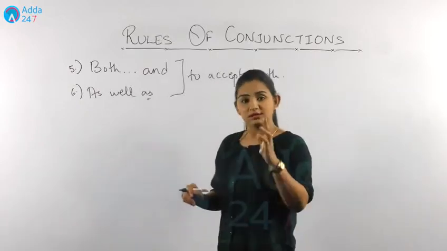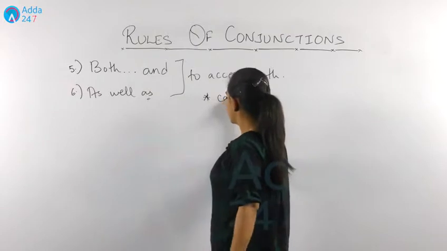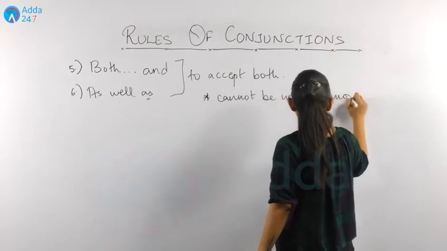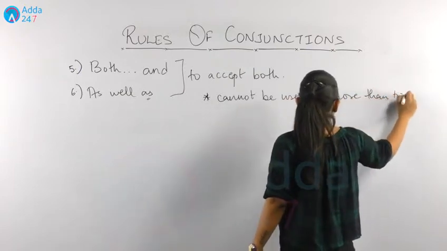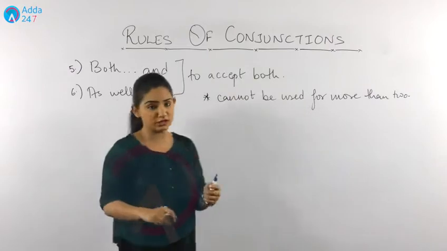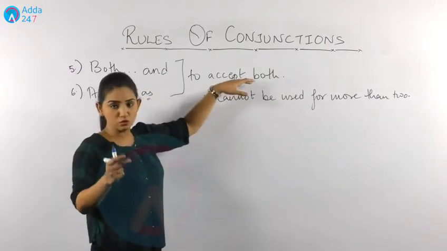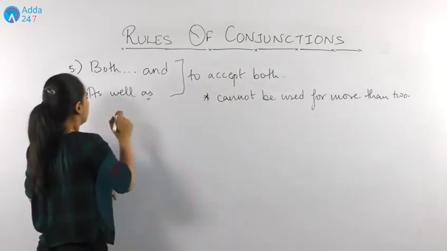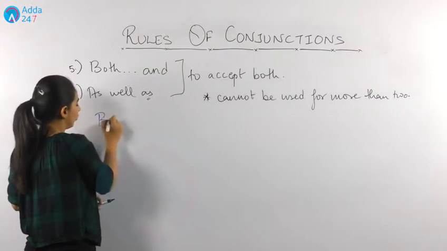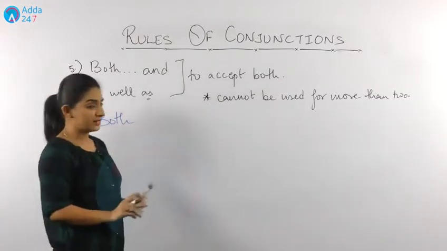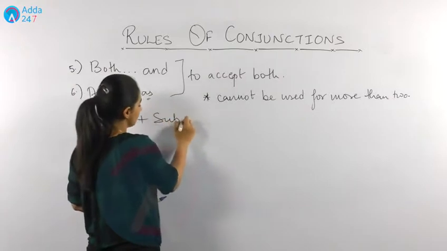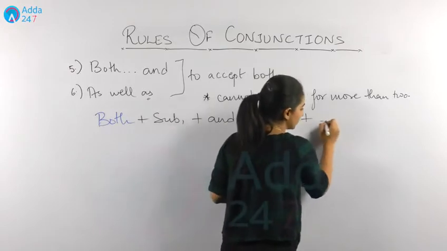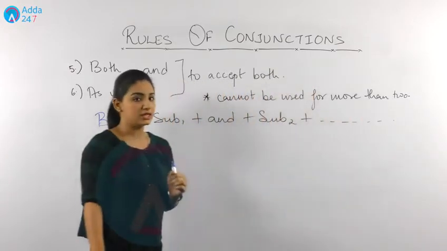When we have two, same thing follows with this as well. It cannot be used for more than two. So when we talk about two, it will be accepted both parts, right? Now, if I say both will be used in a sentence, the sentence structure will be both plus subject 1 plus and plus subject 2, and if there is a sentence following it, it will be mentioned.